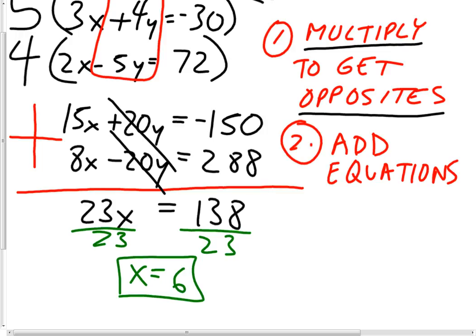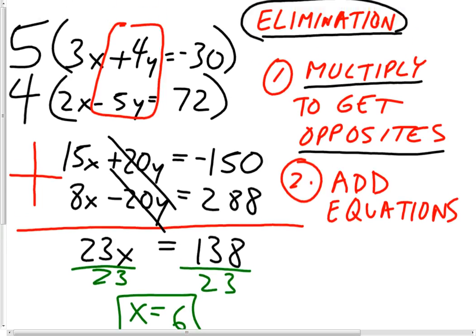You go back to any of the first two equations. I'm going to go back to 3x plus 4y equals negative 30. Make sure that you go back to this set of equations and not this set. That's number 3.